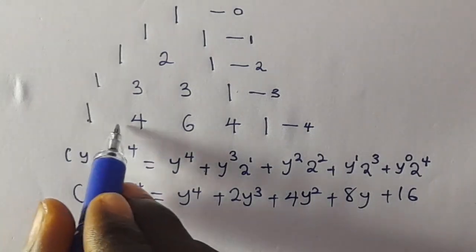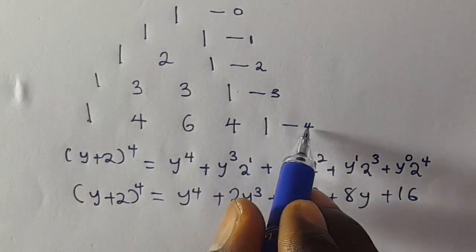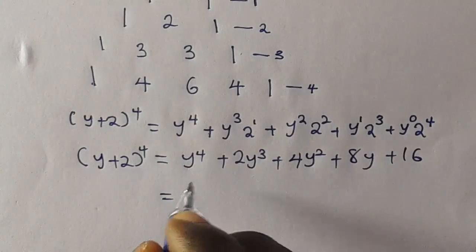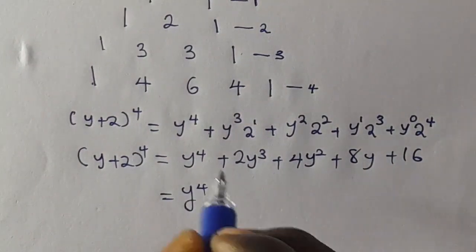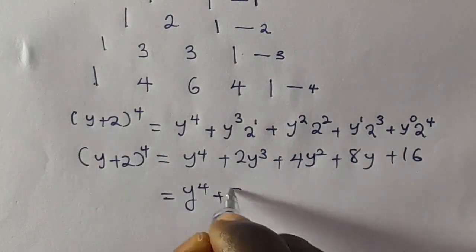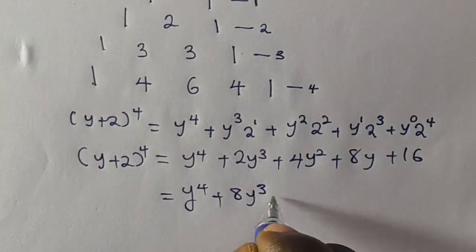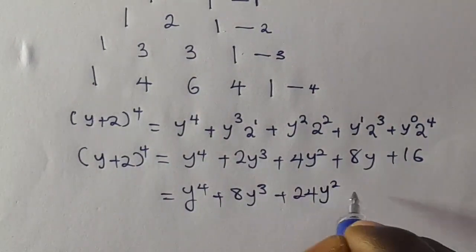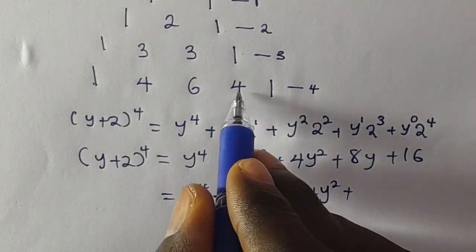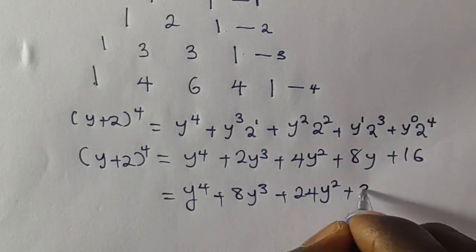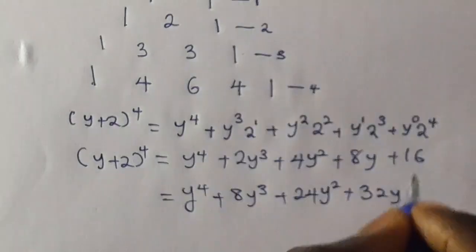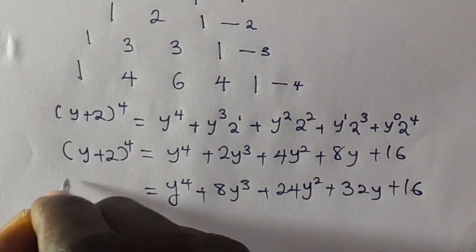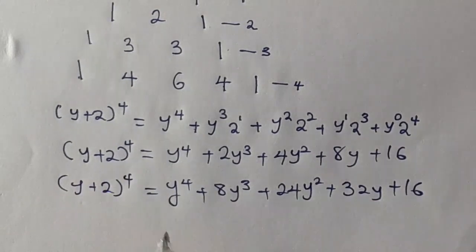Now by using the coefficients that we have here, it implies that we have 1 multiplied by this, y^4, plus 4 multiplied by 2, which is 8y^3, plus 4 multiplied by 6, which is 24y^2, plus 4 multiplied by 8, which is 32y, then 1 multiplied by 16, which is 16, which means we have (y + 2)^4 equal to this.